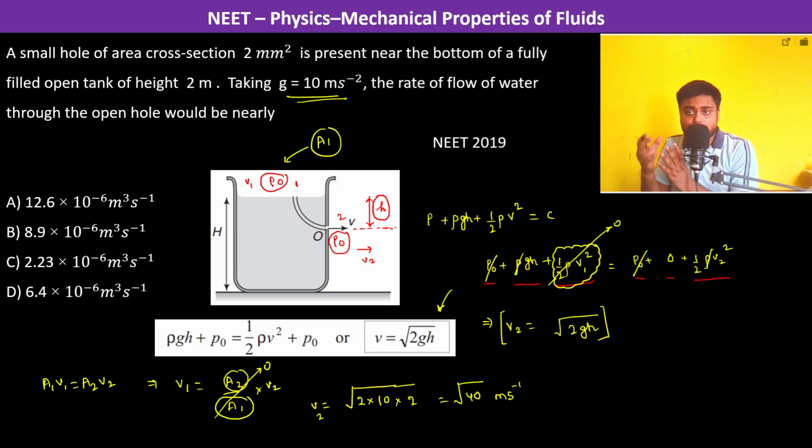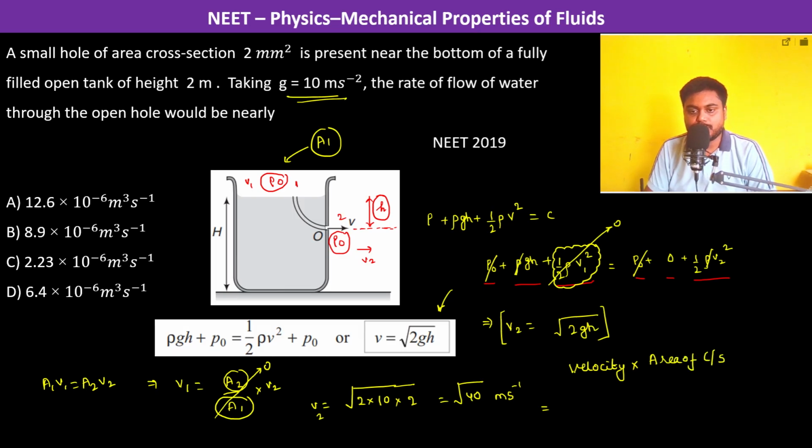Therefore the volume coming out per second will be velocity into area of cross section.